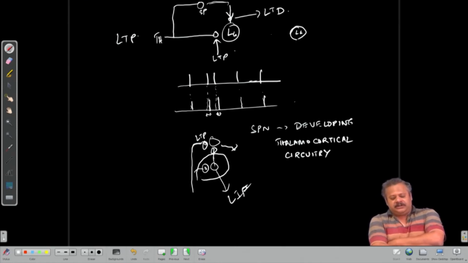So, now the question is what is the implication of this? There are phenomena that can be shown to happen during development that are dependent on the subplate.